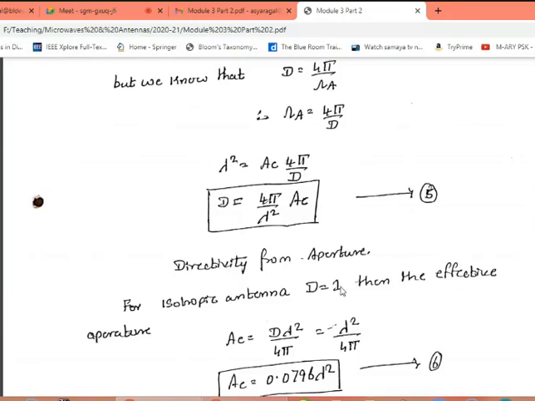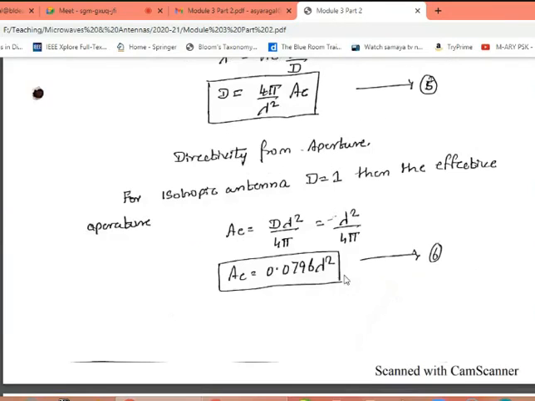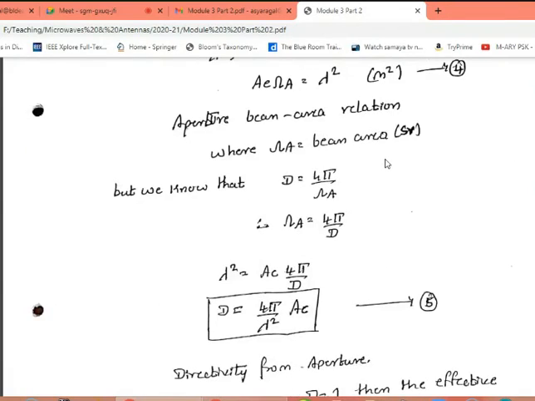If D is equal to 1, then A_E is equal to 0.0796 into lambda squared. This is how we can understand the antenna basics.